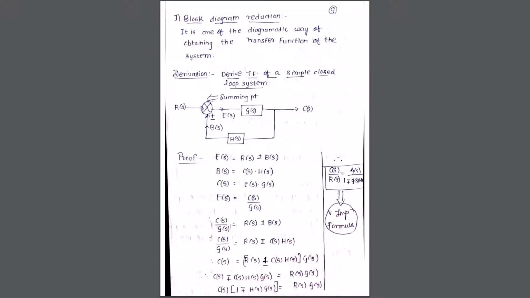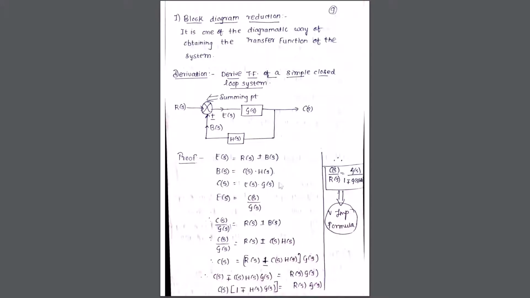Now C(s) upon G(s) is equal to E(s). But what is my E(s)? E(s) is basically R(s) plus or minus B(s). Hence my C(s) upon G(s) is equal to E(s), which is equal to R(s) plus or minus B(s). The B(s) can be further written as C(s) into H(s).